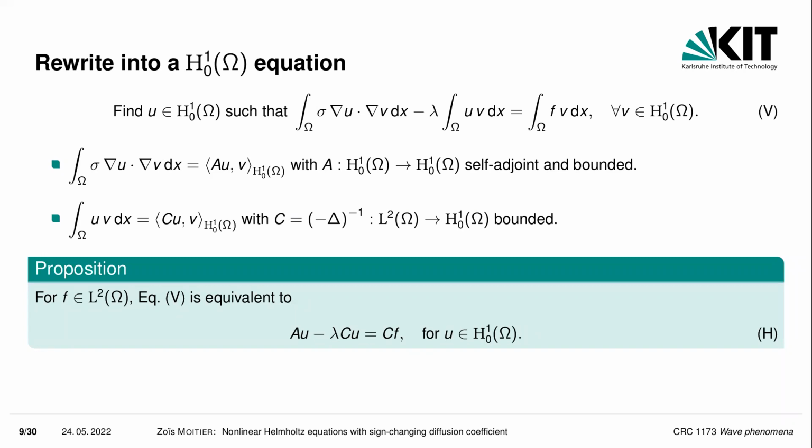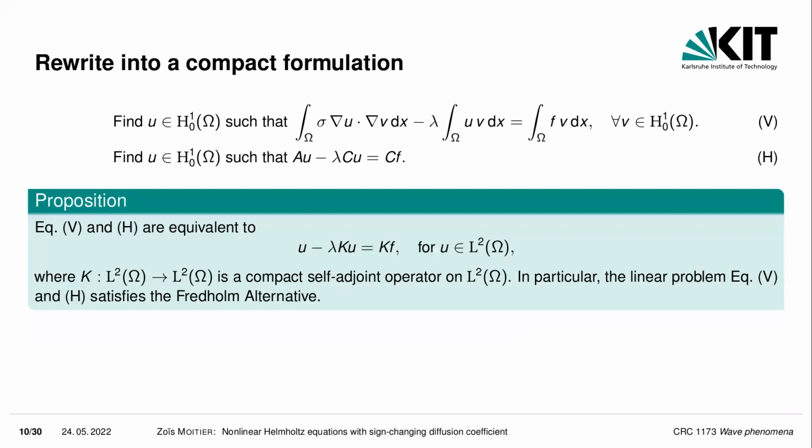But we want to go a little bit further to show that this linear part of our equation is well posed. And to do that, we transform this equation into this one, where we basically just multiply by the inverse of A to get this. And this equation is nice because now K is a compact self-adjoint operator on L2.